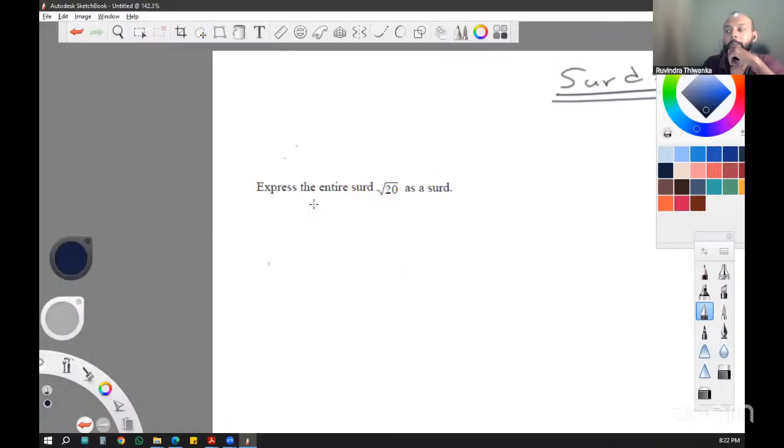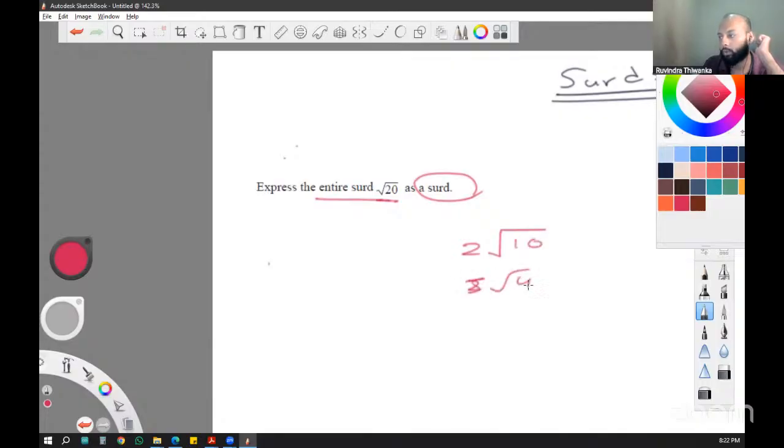Express the entire surd root 20 as a surd. See, this is what I'm talking about. This is the entire surd, no? Express this entire surd as a surd. A surd means it can be like 2 root 10, 5 root 4, something like that.